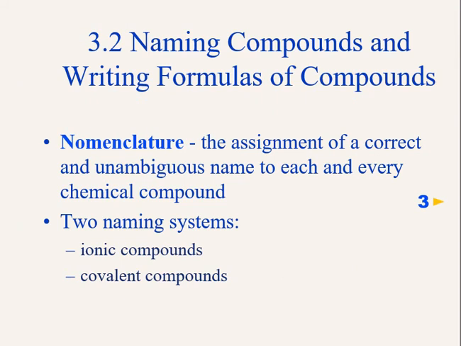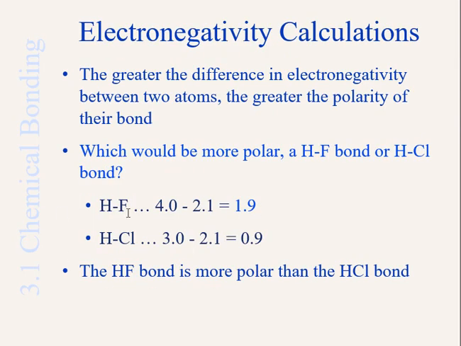Now, in hydrogen and fluorine, the difference between the electronegativities of fluorine and hydrogen is 1.9, while the difference in the electronegativity of chlorine and hydrogen is 0.9. A more polar bond will have a greater difference in the electronegativity values, making the HF bond more polar than the HCl bond. And that's where we will stop our discussion of electronegativities.